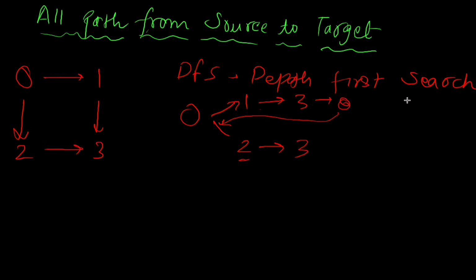So my paths will become 0, 1 and 3, and 0, 2 and 3. This will be the output that I will return. Now let's write code for this first, and then I will also explain the BFS approach.